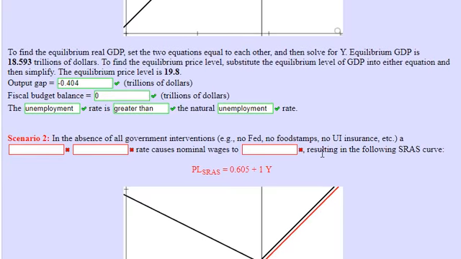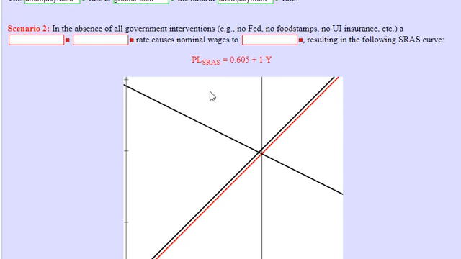Okay, now in scenario 2, scenario 2 says, in the absence of all government interventions, no Fed, no food stamps, no unemployment insurance, a blank rate causes nominal wages to blank. So, in the absence of all government interventions, when unemployment is high, down here unemployment's high.